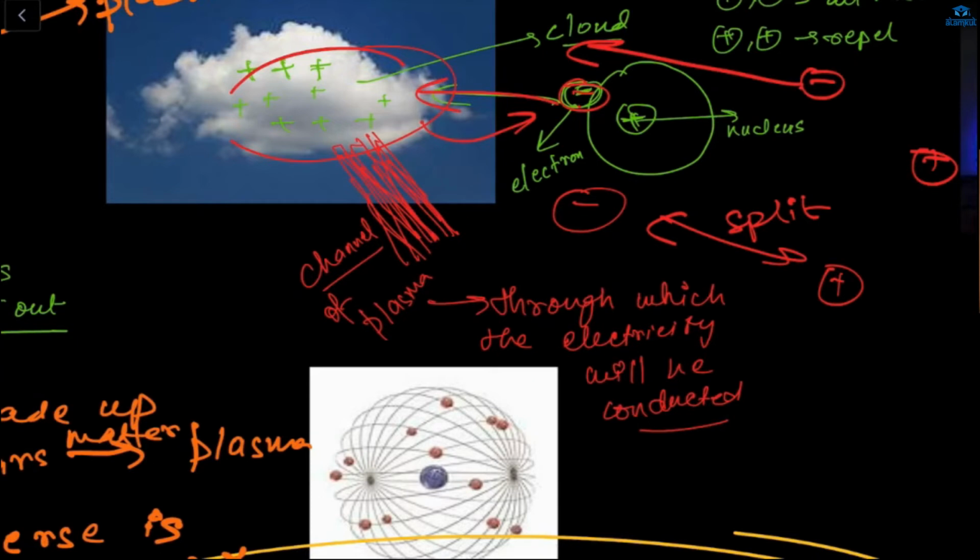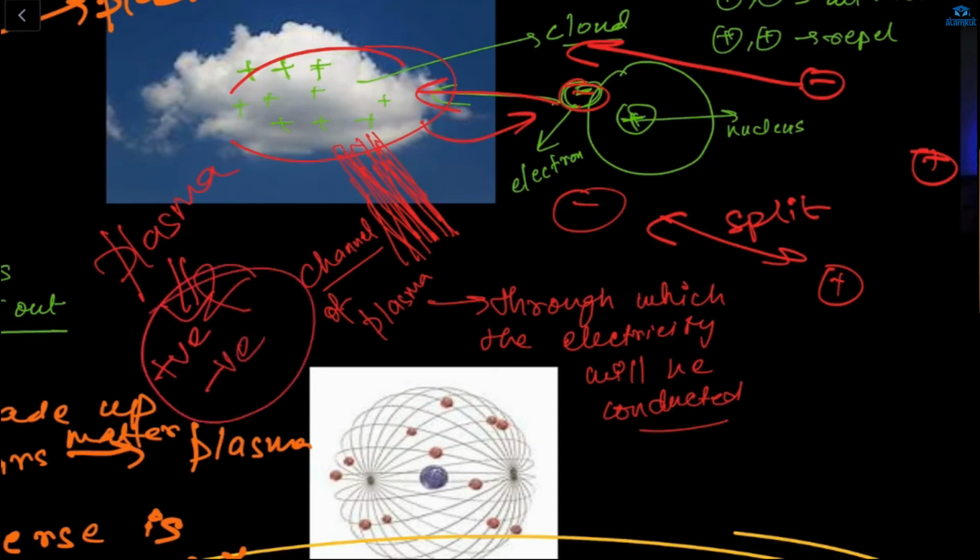If more charges are present, then it can easily conduct the electrical current because the positive and the negative charge are combining here, and it's forming a channel of plasma through which the electricity is conducting.